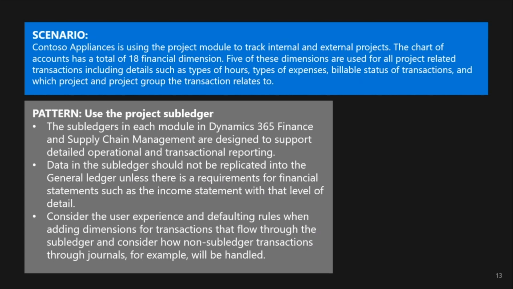Like this particular example, we might have made it very obvious in the scenario, and sometimes it might be a little less obvious, but we've seen it all too often where people have a design where they're literally designing the subledger in their general ledger, and that defeats the whole purpose of a general ledger and a subledger.